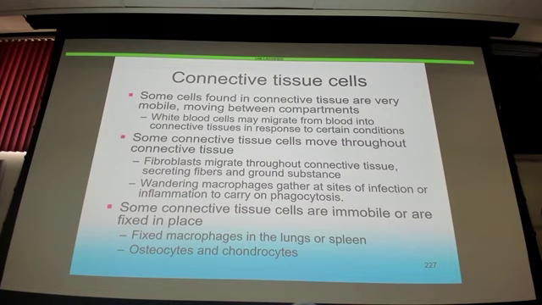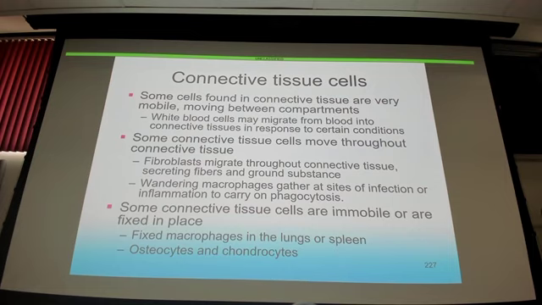But in general, white blood cells can move to an area in response to infection or inflammation. In other words, the inflammatory response, they can actually move throughout the body. They can move throughout connective tissues depending upon the quality of it. So some connective tissue cells move about.